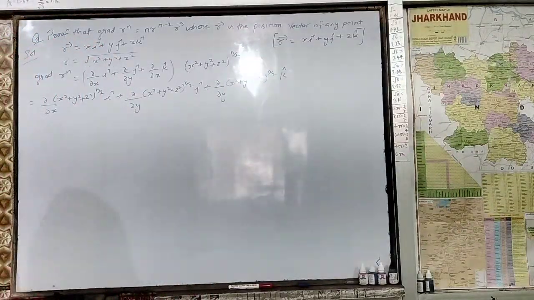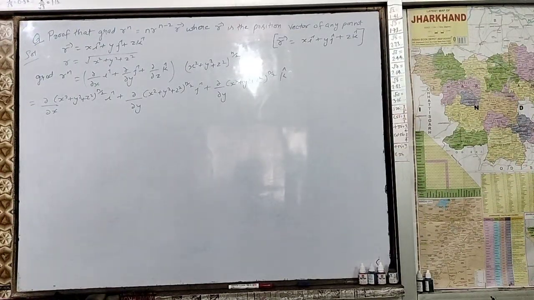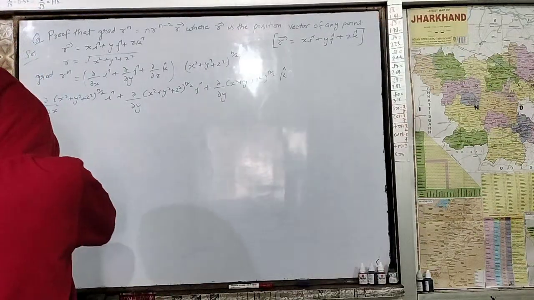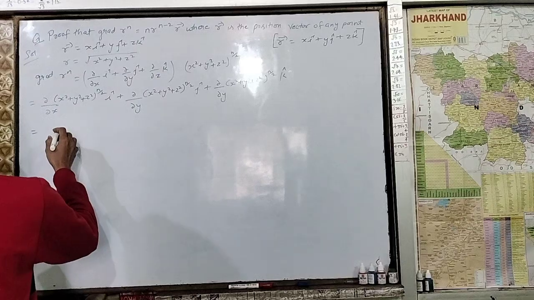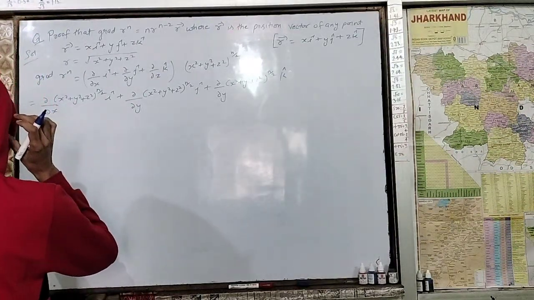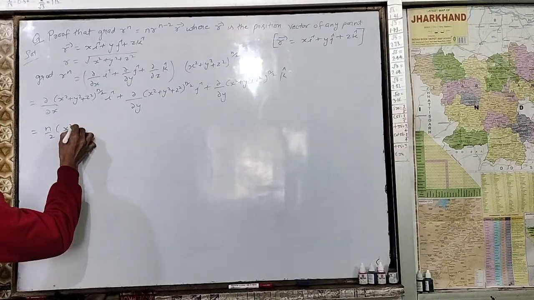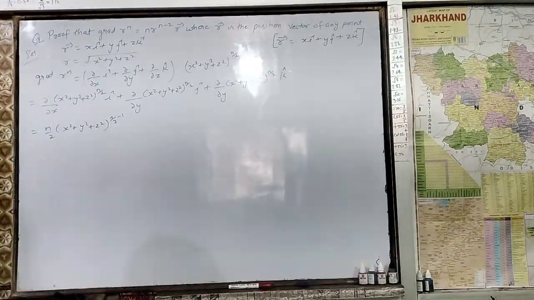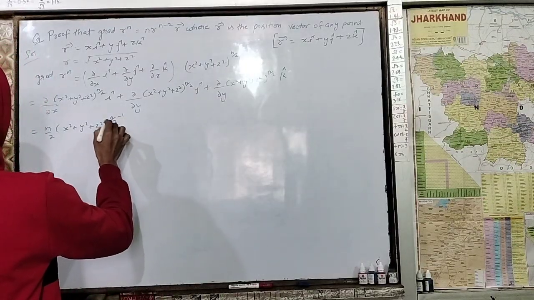Now look at over here. n raised to power x will be what? n by 2 times (x square plus y square plus z square) raised to power n by 2 minus 1, and then the derivative of the inside, what? 2x.